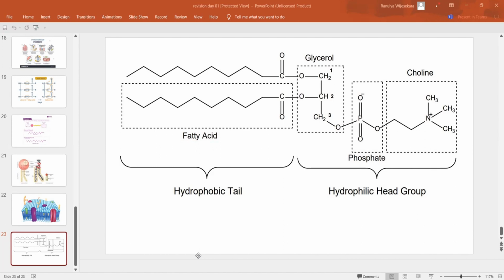Next point, unsaturated fats are classified based on the nature of their double bonds. Next point, cis unsaturated fats. Next point, trans unsaturated fats.